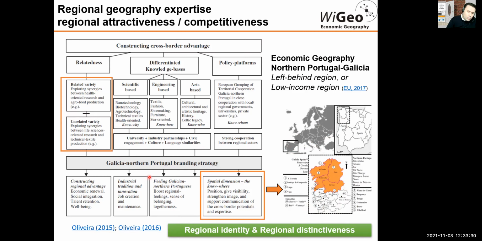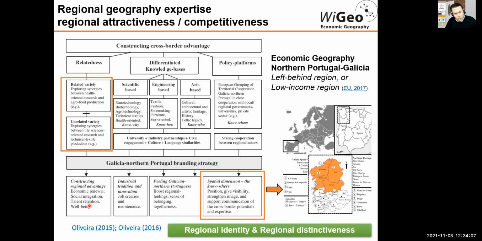So I wanted to do a true regional geography study, understanding regional identity elements, and to what extent these regions, which are classified as low-income regions within the European Union, can come together and combine their resources, their know-how, their tacit and expert knowledge, so the region can position itself as a unique entity. So this, beyond borders, is the key element here, and one of the take-home messages we'll underline later on.